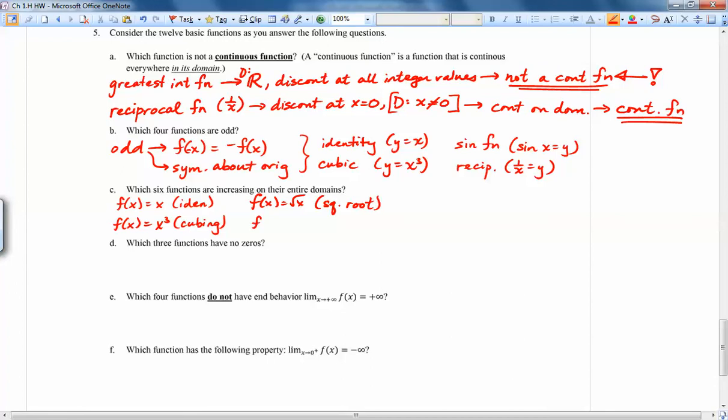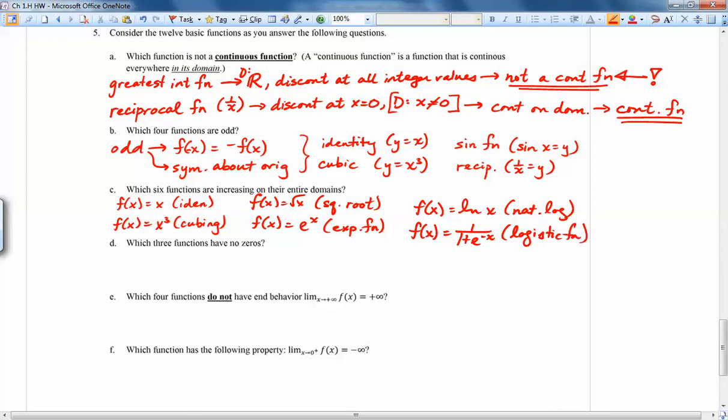We have the exponential function. Let's see what else. We've got the natural log. And we've got the logistic function. Oh, geez, this is 1 over 1 plus e to the negative x. Logistic function.